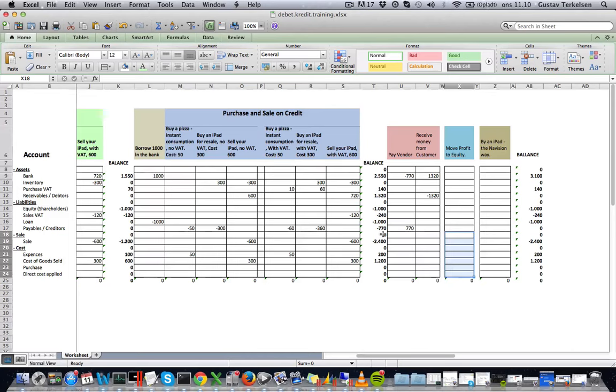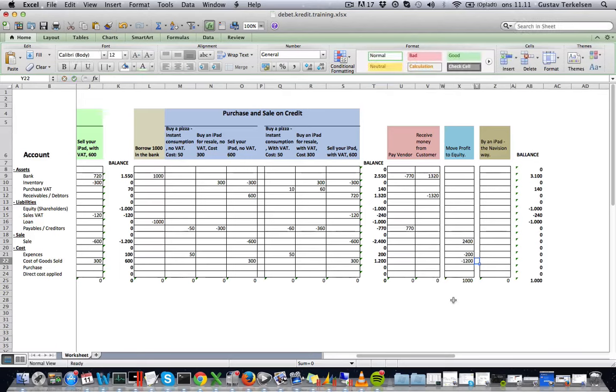So in order to clear this account, we'll need to bring this account down to 0, which is done by 2,400, like this. So we now have 0 in sales. We also have to bring our cost down to 0, and this is done by minus 200. And we have to bring our last cost down here down to 0 as well.